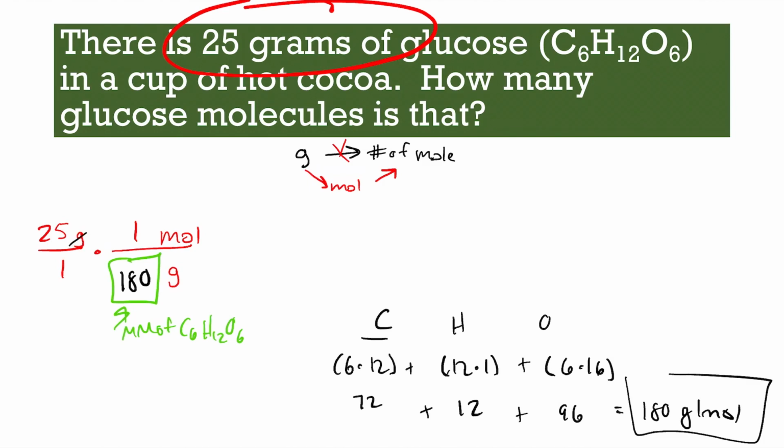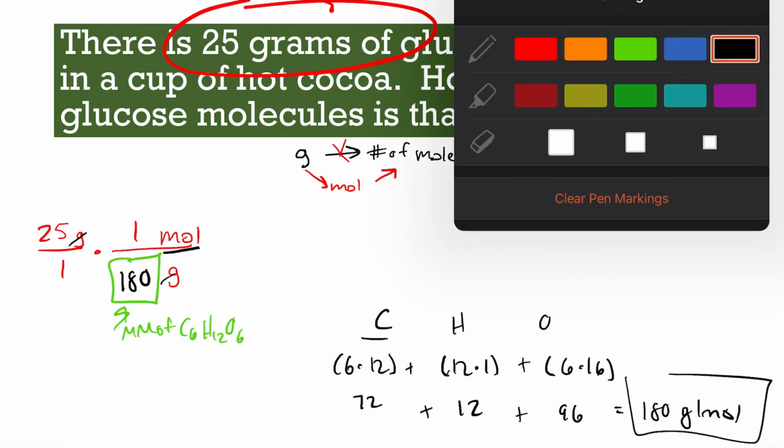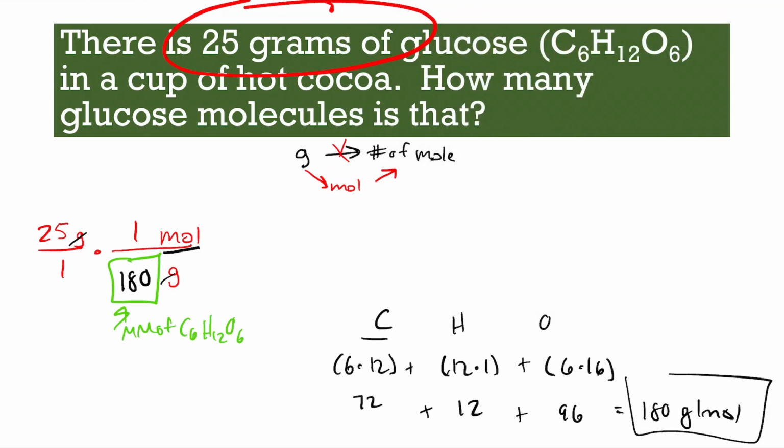Now, our grams canceled out. We're in moles, but we're not done yet. We want to get to number of molecules. So what we need to do next is go from moles to number of particles. So in 1 mole, we're going to particles, or let me say molecules, because that's what it says in the question.